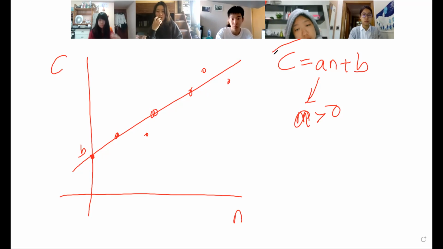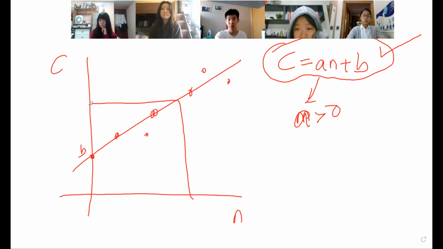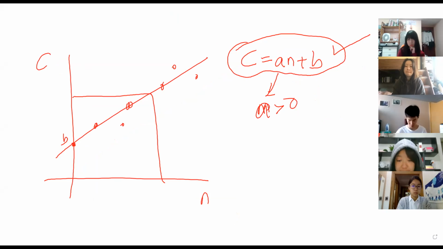Regression, however, tells you that particular relationship, how they are related, like a model, such that if you know any particular N, you can predict a particular C. That's the main difference between them. Correlation only tells you what type of relationship exists. Regression, however, gives you more information about that relationship, in the form of a model, establishing the relationship. Does this make sense?